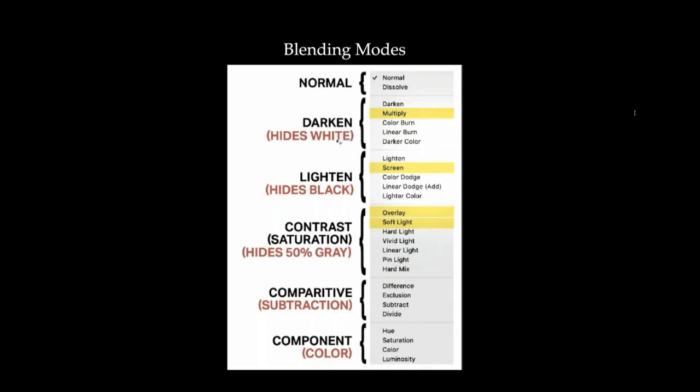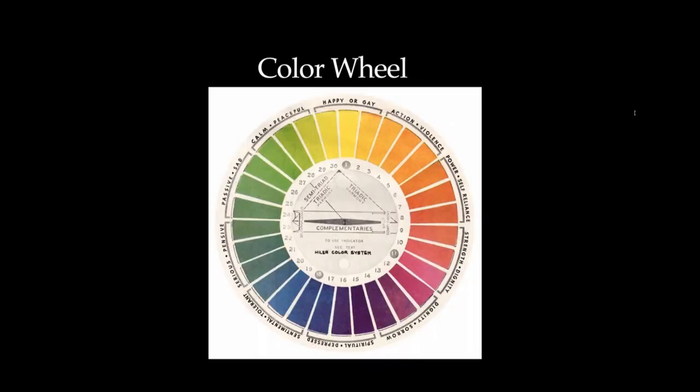So primarily the ones that you'll use in texturing most often are the ones in yellow: multiply, screen, overlay, and soft light. I've used pin light with some success also, and sometimes hard light will work. But those are the ones that are most typically helpful.